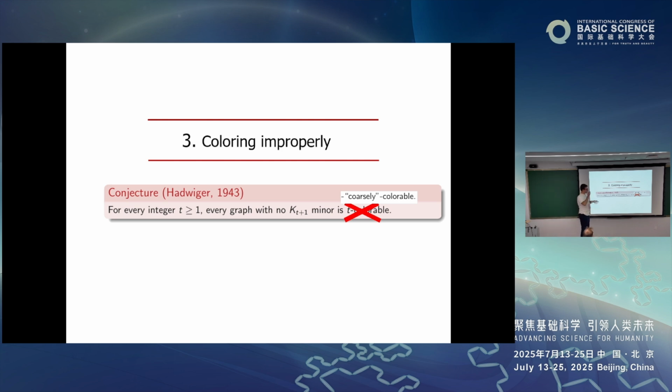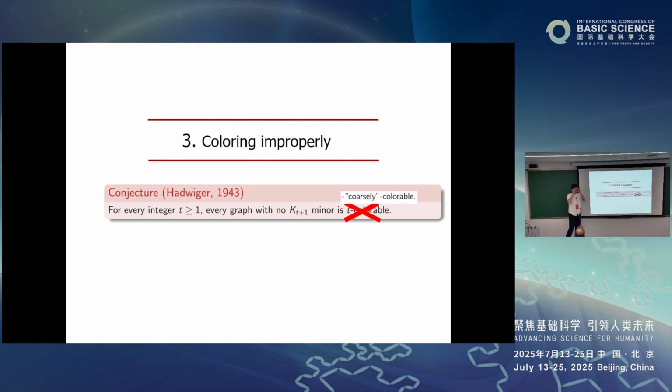Really, the idea is that we imagine the graph that we are trying to color as being extremely large, and we look at it from the point of view of coarse geometry, where we walk far, far away from our graph, which only makes sense for infinite graphs, but bear with me. We look at the coloring from far away, and if we are nearsighted, we want it to look proper.